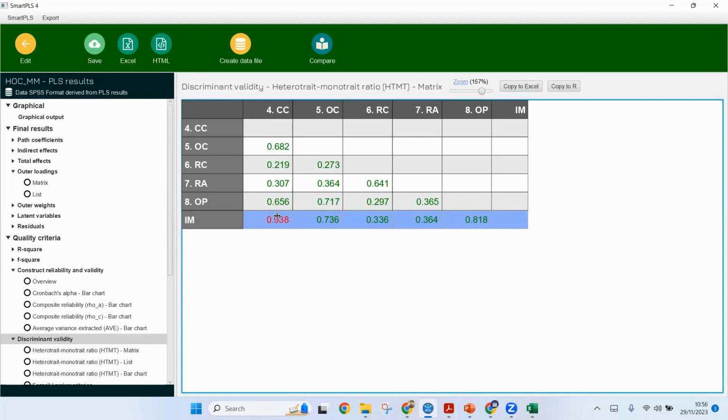Now, how do you solve this issue? In order to solve the discriminant validity issue, as we discussed, you have to see the standard deviation, whether or not the two constructs have different responses altogether. You have to see the cross loadings as well.